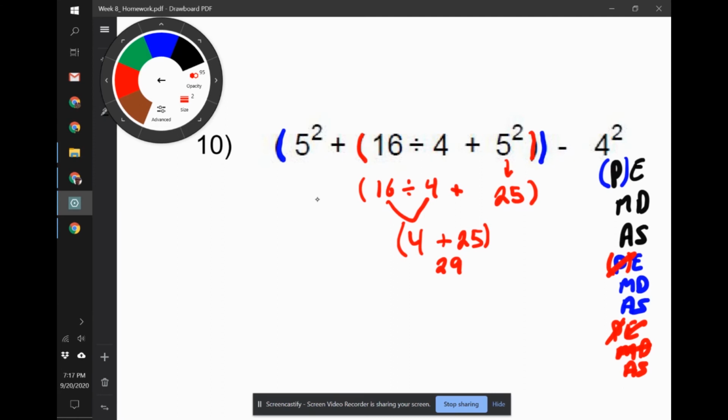So let's write down everything that's in the blue set of parentheses. So that would be 5 squared. And that's it, right? It's the only thing we're adding. So from here, we're done with that set of parentheses, but we need to do the exponent.